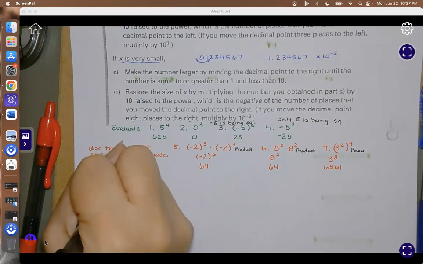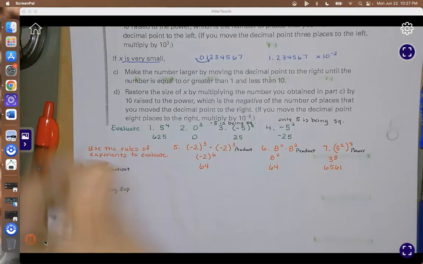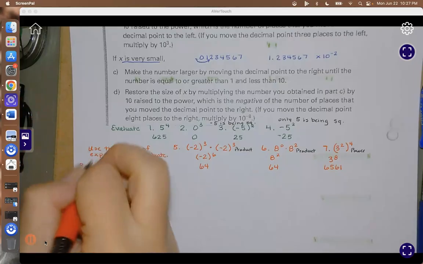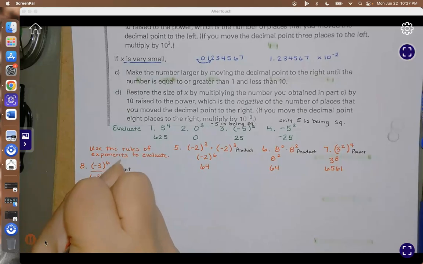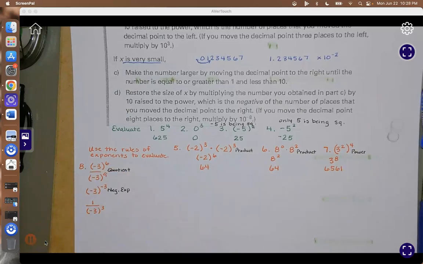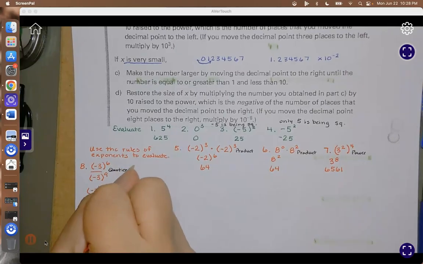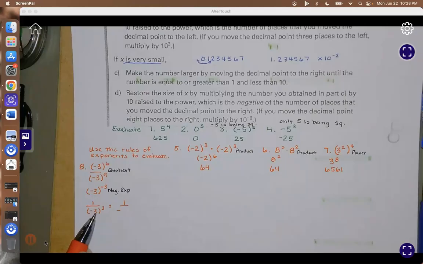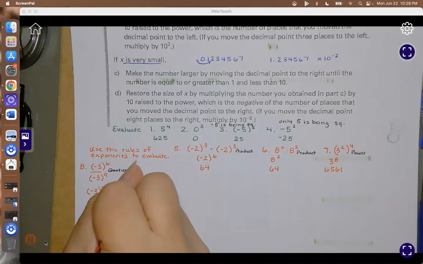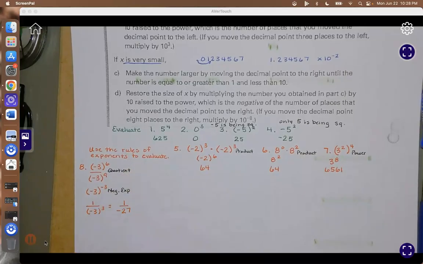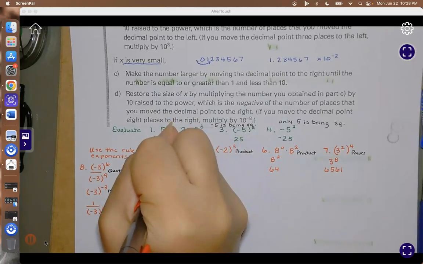So negative exponent. Remember what we do with a negative exponent. It drops down and it becomes a positive power. Now, remember, with an odd power, that's going to be a negative. So 3 times 3 times 3 is 27. So this is 1 over -27.